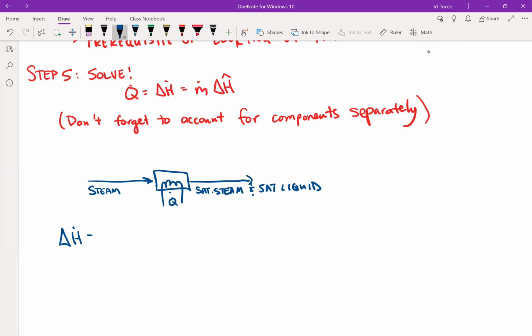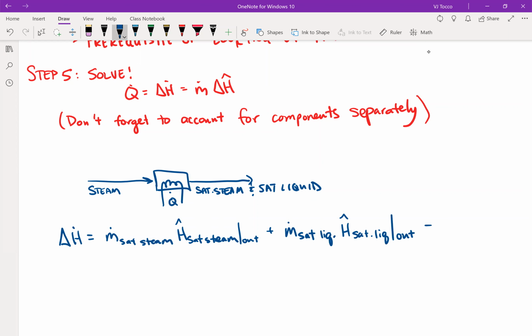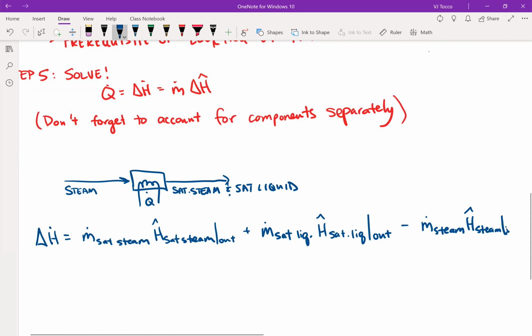So delta H dot is going to be equal to my mass of saturated steam times H hat saturated steam out. So this is at the outlet conditions, which I haven't specified here in this quick problem, plus my mass of saturated liquid times my specific enthalpy for saturated liquid at my outlet conditions minus my mass of steam coming in times H hat for steam at the inlet conditions.